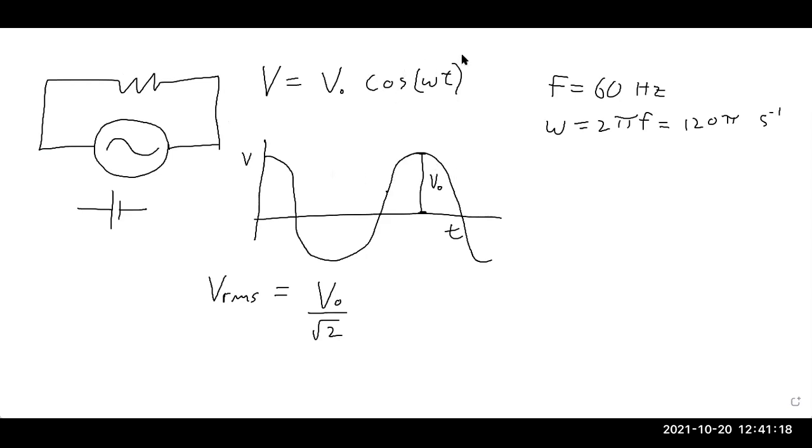our current is also going to be the cosine wave, because the current through a resistor is directly proportional to the voltage across it from V equals IR. So the current through the resistor, if we just start with this as our assumption, is changing as a cosine wave, and we can look to V equals IR.